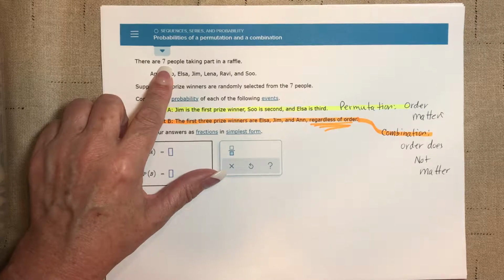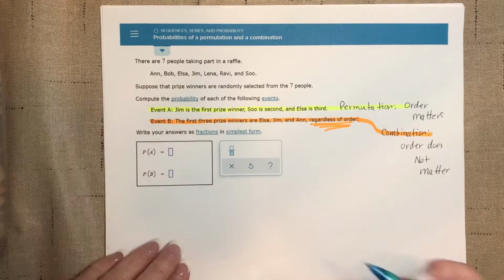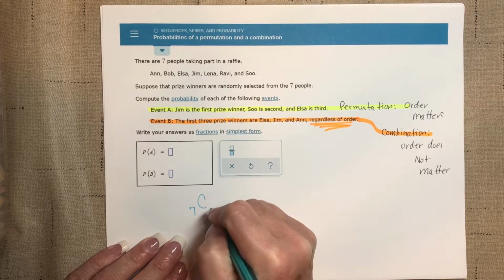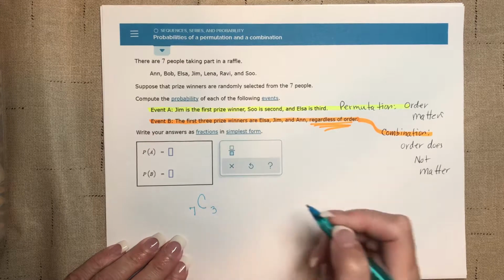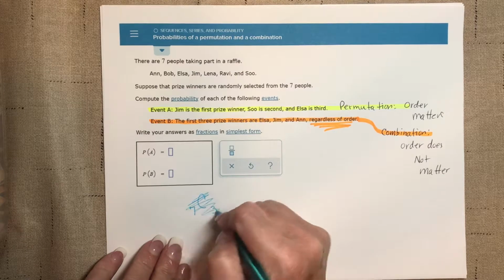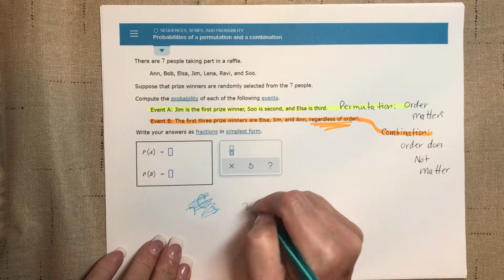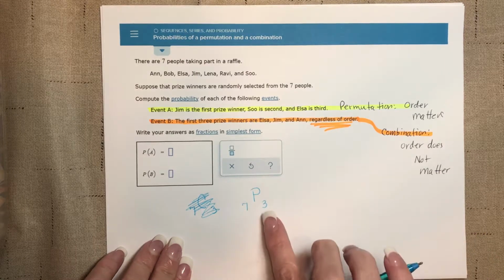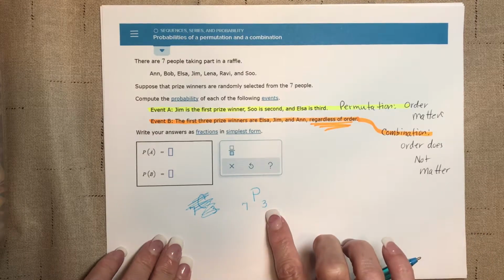So that's a permutation. I just realized I put the C right there. Sorry, it's a permutation. 7 people, and I need permutations of 3 at a time. First place, second place, third place.